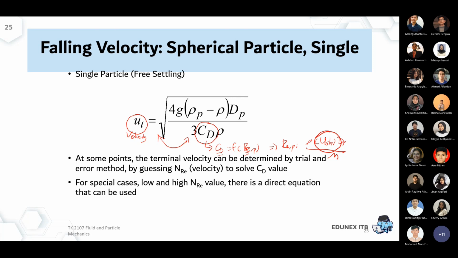That's why the common practice to solve this problem is to perform a trial and error, or make some initial guess. Guess some Reynolds number to solve for some CD value. Let's say, what if we assume it's mild turbulent?